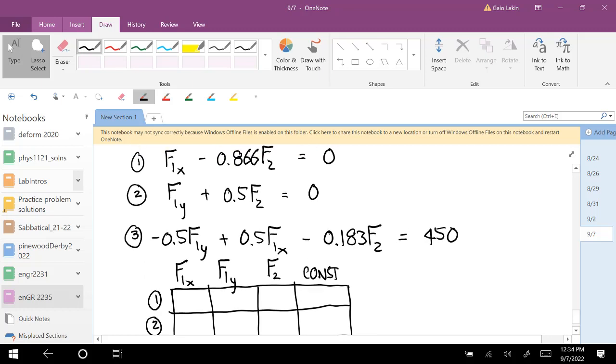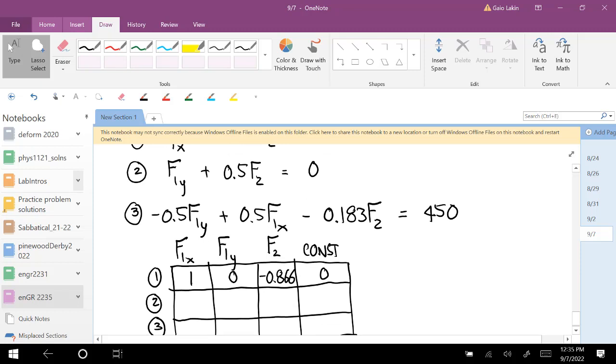For equation 1, F1x has a coefficient of 1, F1y has a coefficient of 0, F2 has a coefficient of negative 0.866, and the constant is 0. Equation 2, F1x has a coefficient of 0, F1y has a coefficient of 1, F2 has a coefficient of 0.5, and the constant is 0.